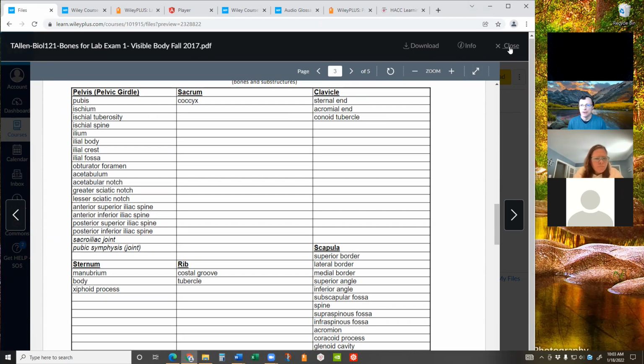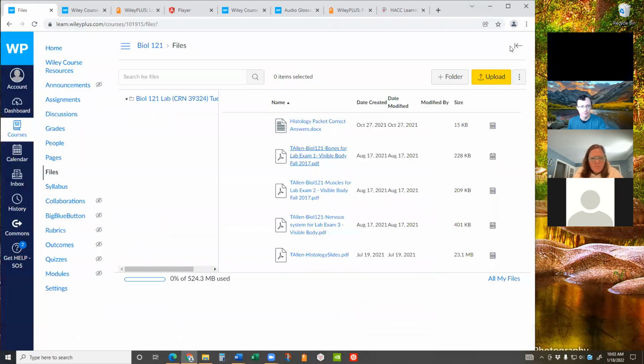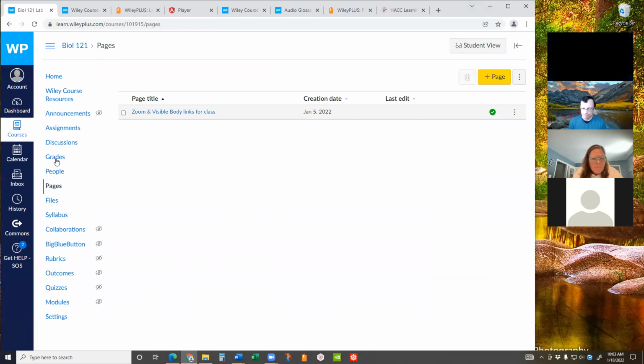Okay, so I'm going to close this document up, and I'm going to go back to the Pages tab in WileyPlus. So go to the Pages tab in WileyPlus. Okay. You should see an entry that says Zoom and Visible Body Links for Class. I'm going to click on that.